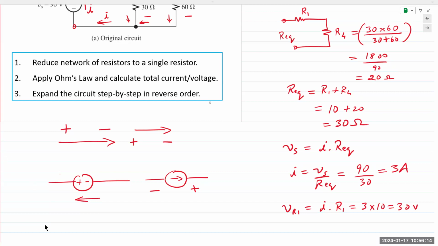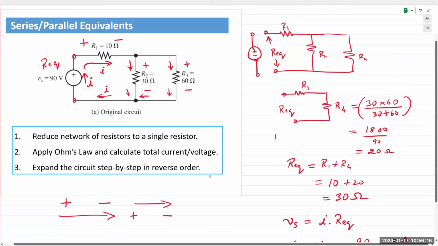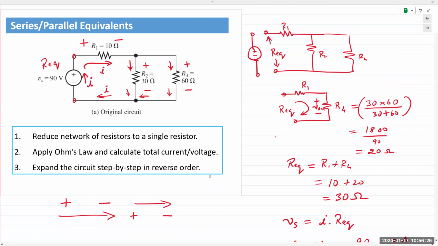So as I was saying, now we have an option to find the voltage across R4. We can apply Ohm's law again, because it's the same current I that is flowing through R4. I is not flowing through R2 and R3 individually. I is flowing in the parallel combination of R2 and R3, because I splits into IR2 and IR3.